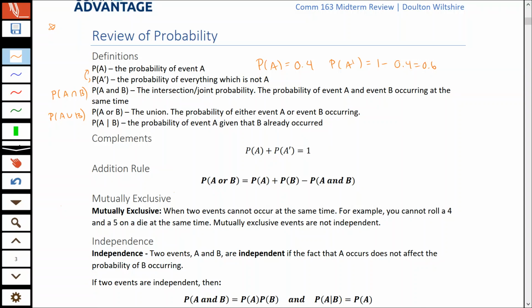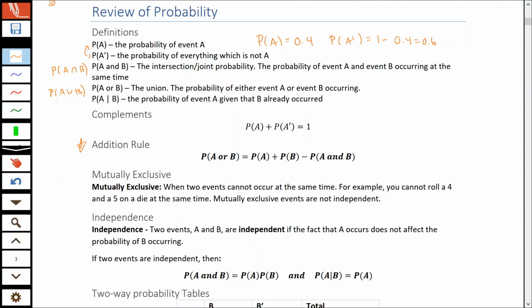And so when we talk about the intersection and joint probabilities or the unions, we're often talking about it in conjunction with this addition rule, where that probability of A or B is equal to the probability of A plus the probability of B minus that joint probability.